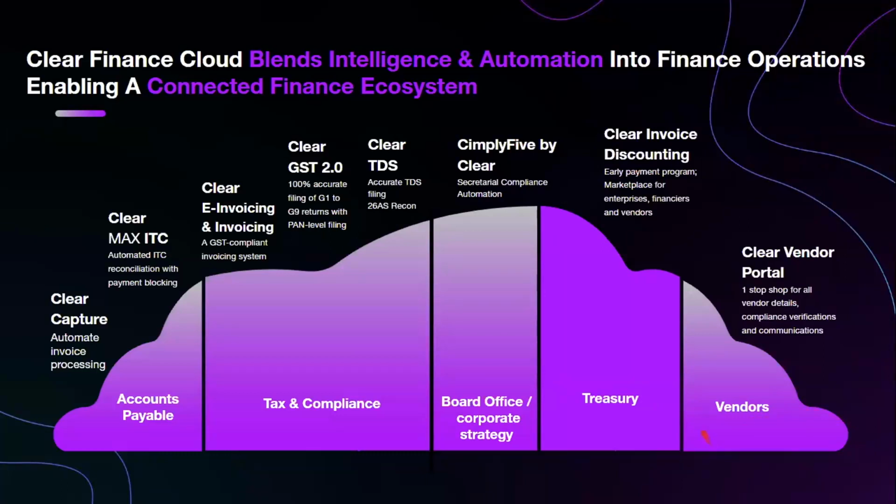Next, on the vendors or the AP leg, we also have a Clear Vendor Portal, which is a complete end-to-end vendor portal, which will also include your Clear Capture. So it is a one-stop solution, wherein you can onboard your vendors, do KYC of your vendors, new vendors, existing vendors, and you can also have Clear Capture as a part of it, wherein your vendors can upload the invoices in soft format on the server or any common email ID or on the vendor portal, which again we will digitalize using the OCR technology, run validations, do a three-way check in terms of the invoice, PO, and the GRN done, and post that invoice in your ERP.